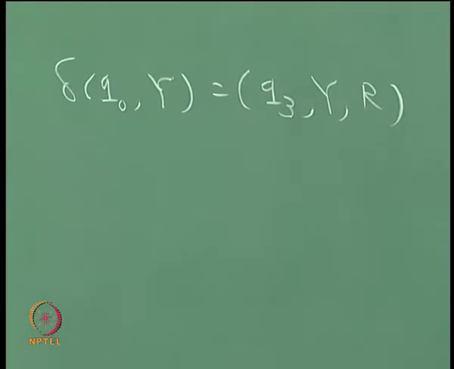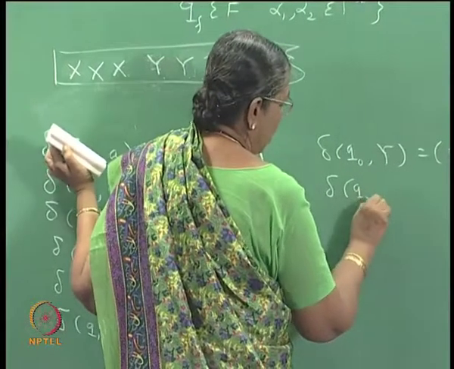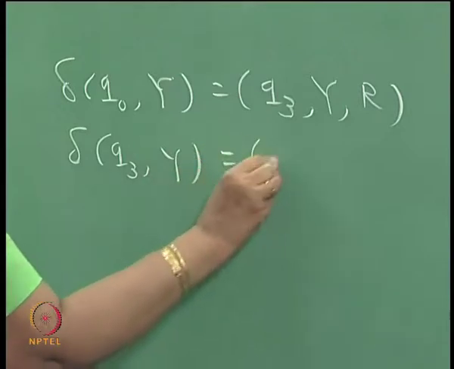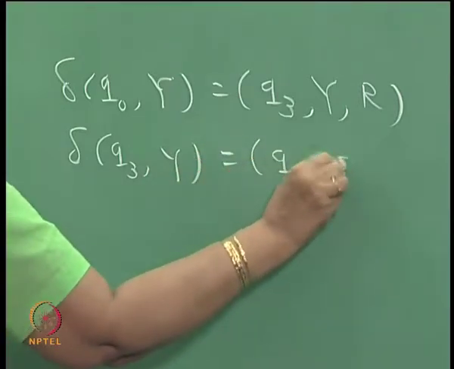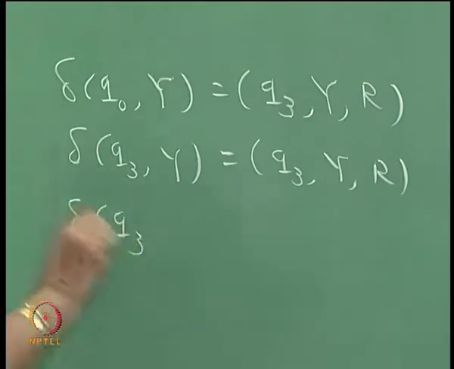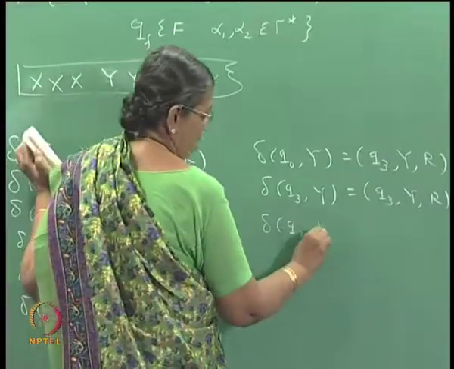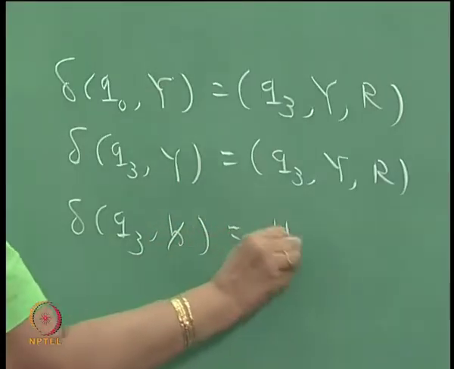So, in Q3 it just passes over the Y's. So, delta of Q3 Y is Q3 Y R, and in Q3 if it sees a blank, it will halt.